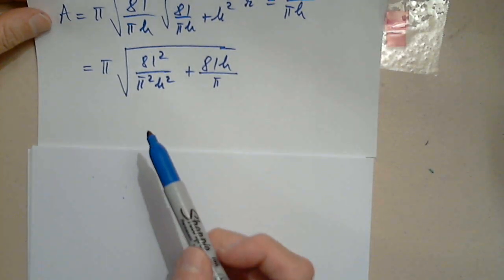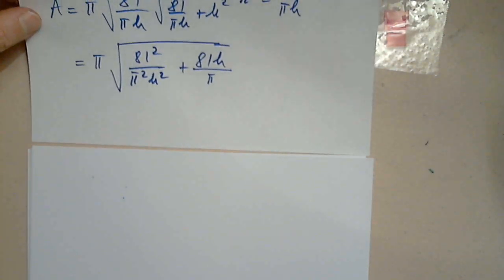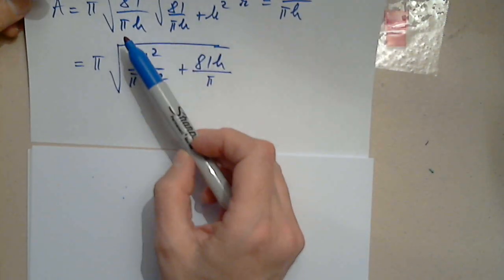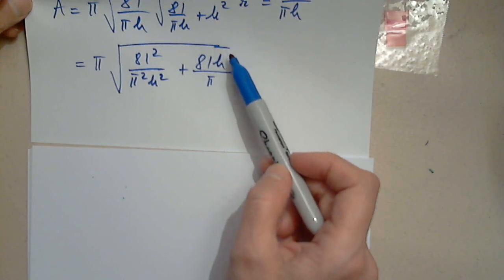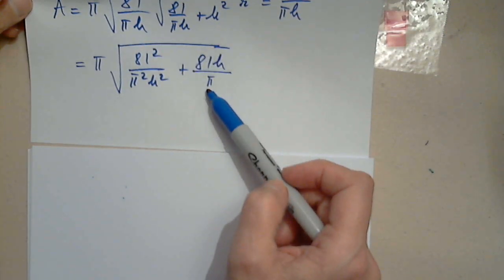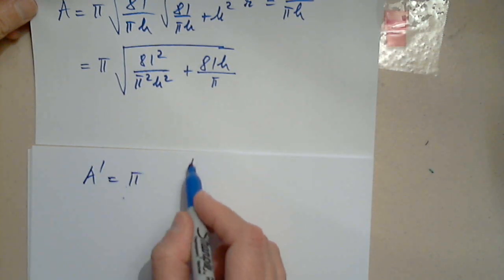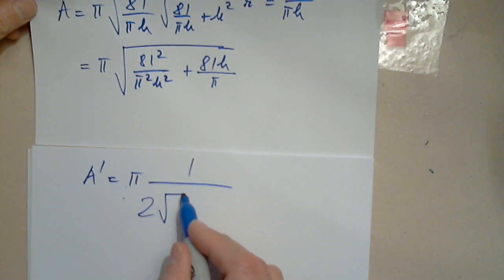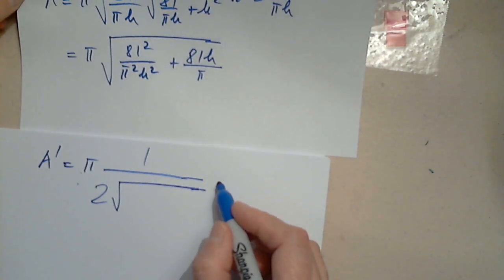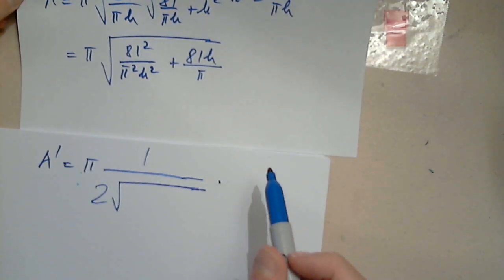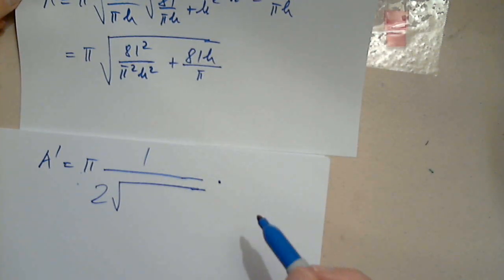I didn't think of that initially. I thought it would have been easier if I replaced h but not r. I don't know, so I'm trying something here. 81 h over pi. So a prime equals pi times 1 over 2 the square root of all that, which I don't care for right now, and I have to differentiate that piece.